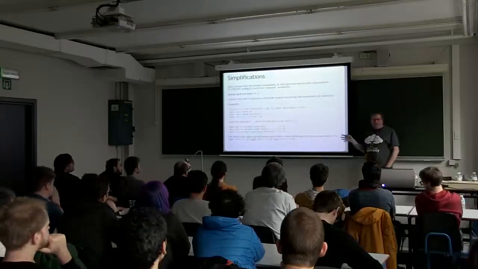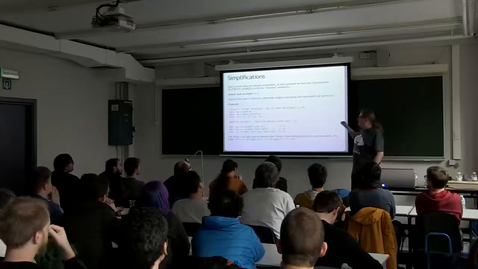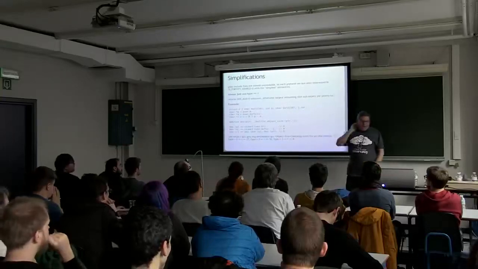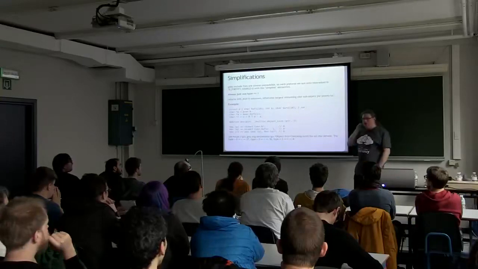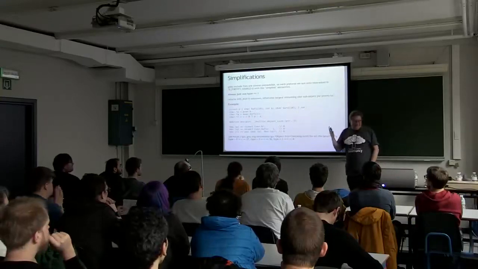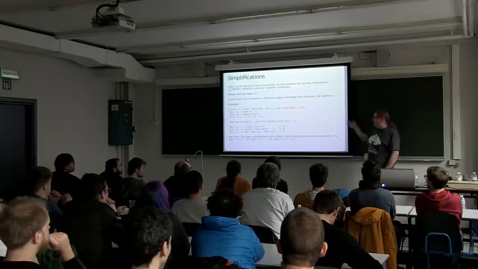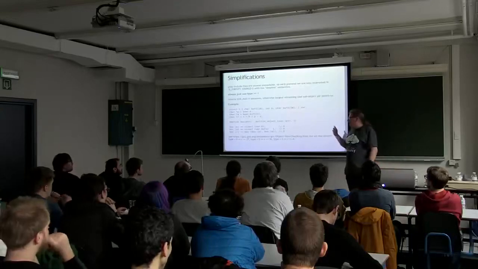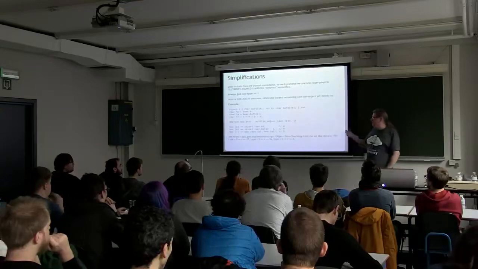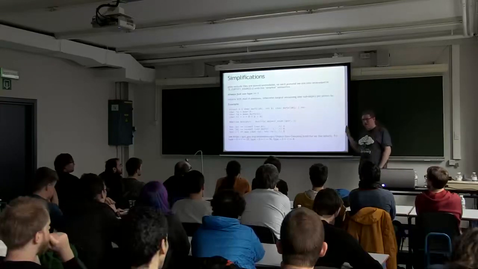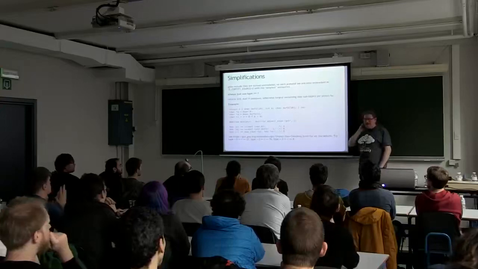So to simplify this a bit, if you are using this yourself, and I think you should, because if you provide a C library, then I think it's really nice to provide fortified.